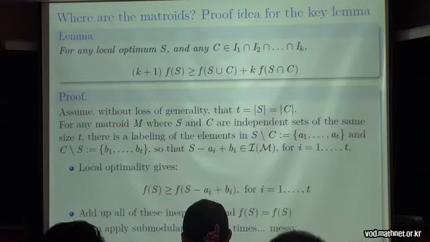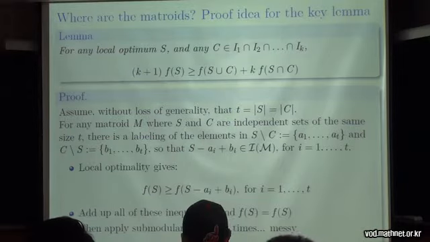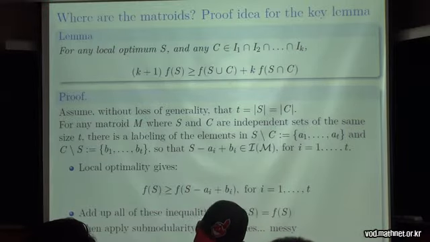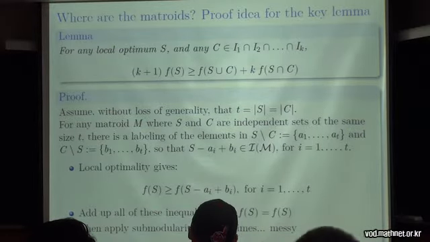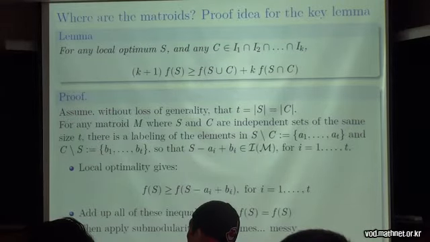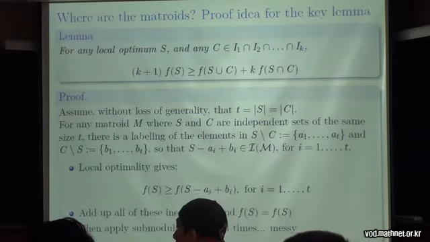So you build something called an exchange graph. It's a bipartite graph where the elements on the left are in your current independent set, and the elements on the right are not. Throwing an element from the right into the set creates a unique minimal dependency within it, and I put edges pointing from the right to the left indicating which elements are in that unique minimal dependency.